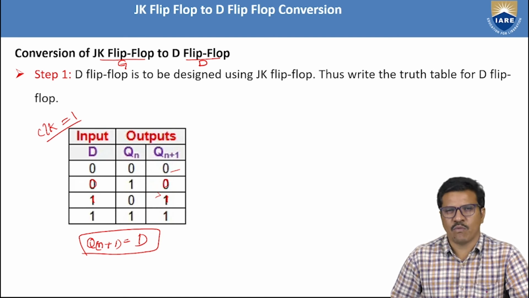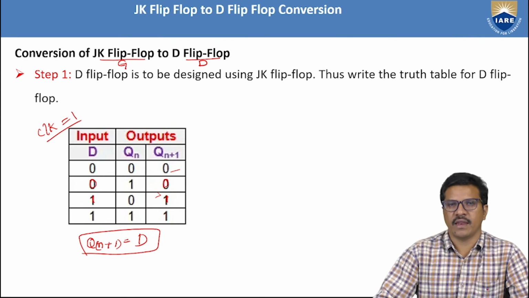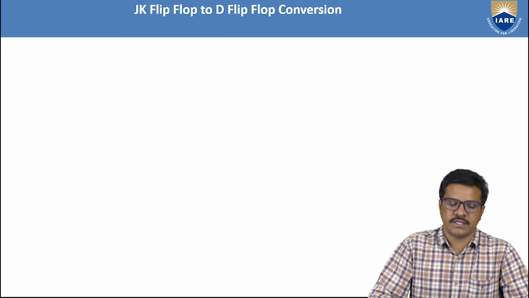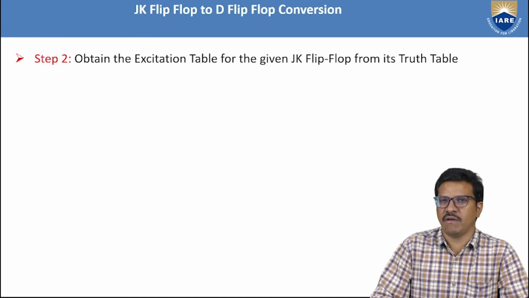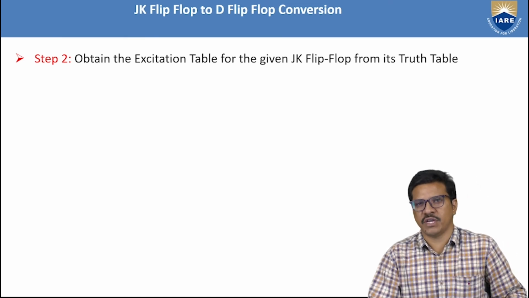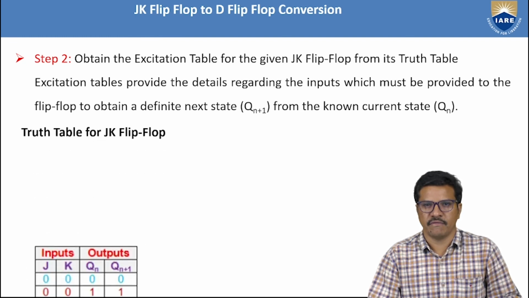So step 1 is getting the truth table of the desired flip-flop, and then step 2, obtain the excitation table for the given flip-flop, the JK flip-flop, from its truth table. We know how to obtain this excitation table from the truth table.